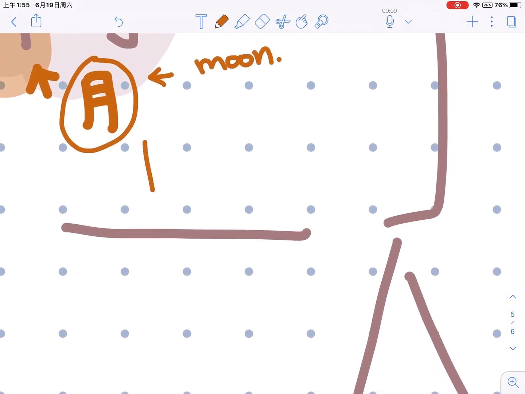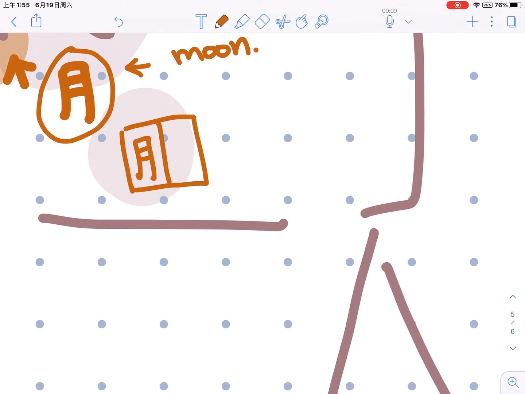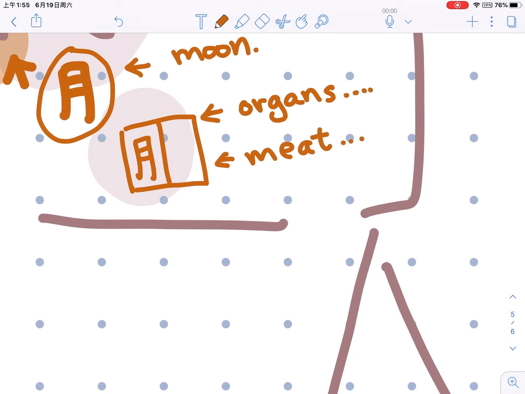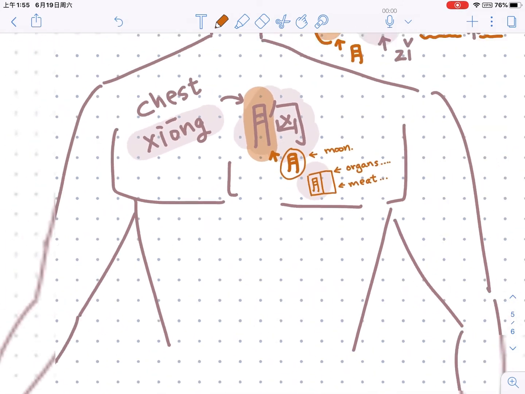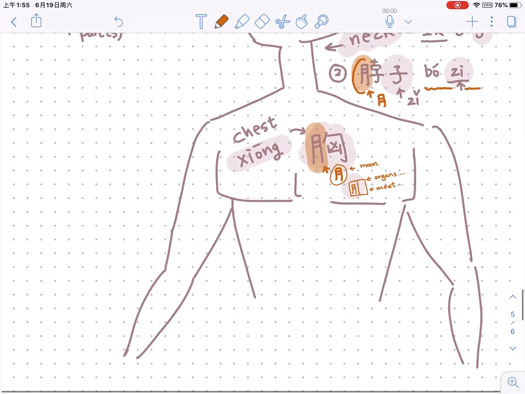But when you see the character 月 as part of another character, especially in the left part of a character, that would indicate that this character is related with organs, or it is related with meat, or anything else like this. Okay, and then we go on.